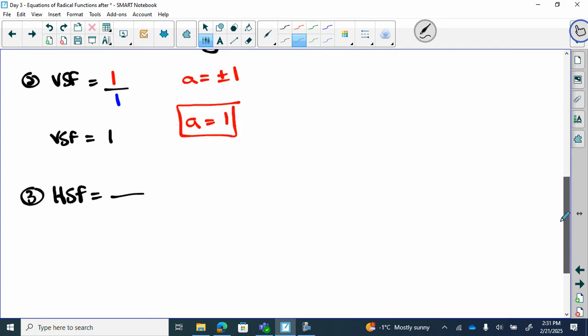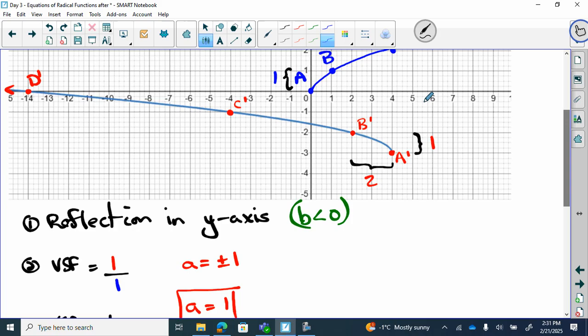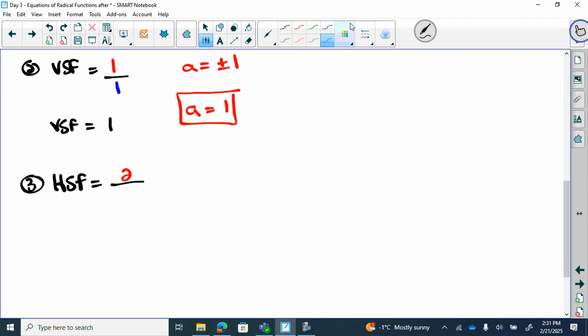Okay, so it's going to be 2 over, compare A to B. That is a 1, correct. From 0 to 1. So I've got a horizontal stretch factor of 2 over 1, which is just 2.